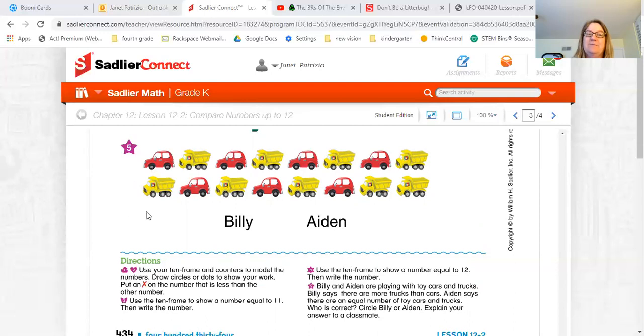Maybe you could write that number right here. Then count how many trucks there are. You can write the number right here and see if that's an equal number. And if it were, Aiden would be right. Or if the number's bigger for the trucks than the cars.